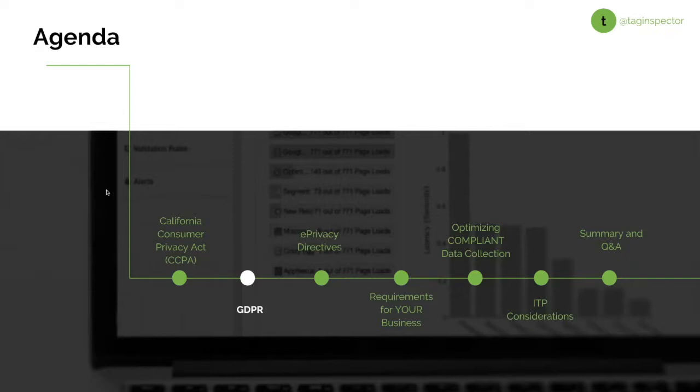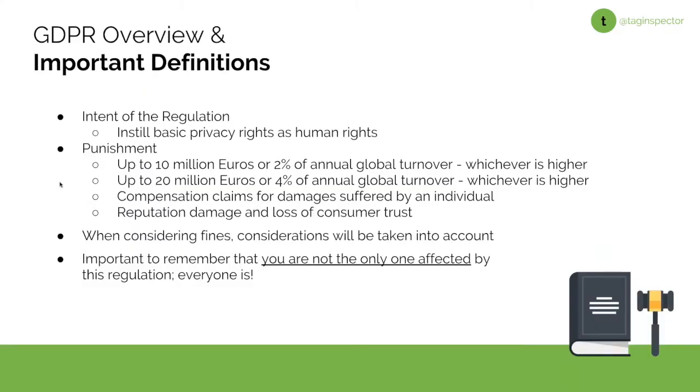Perfect. So with that, we'll move into GDPR and just some of the requirements there. When we talk about GDPR and some of those important definitions, the first thing to really understand is that the intent of the regulation was to instill basic privacy rights as human rights for all people within the EU.